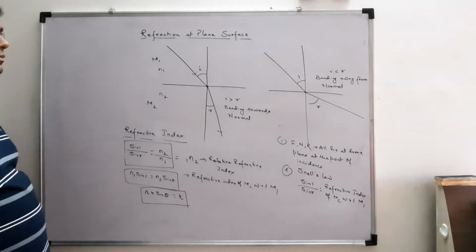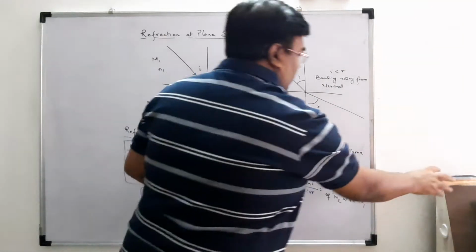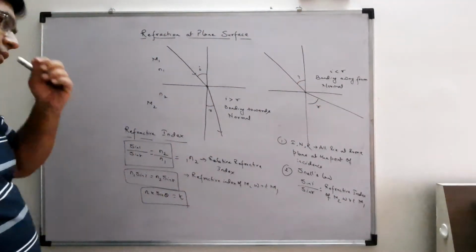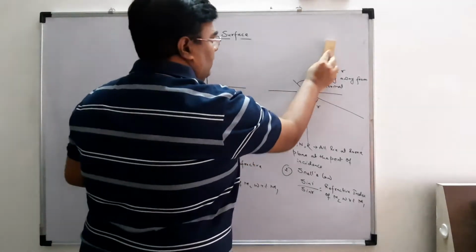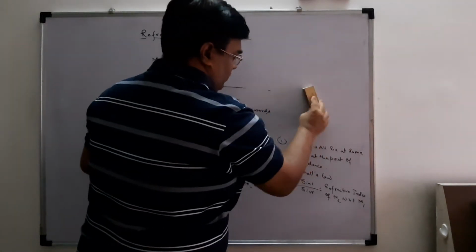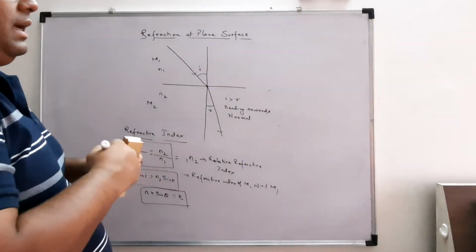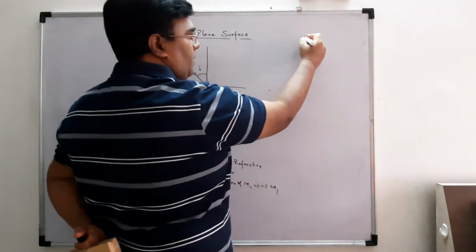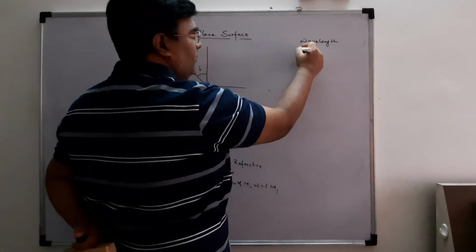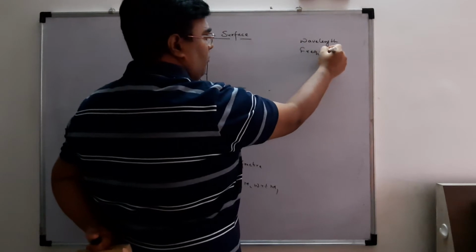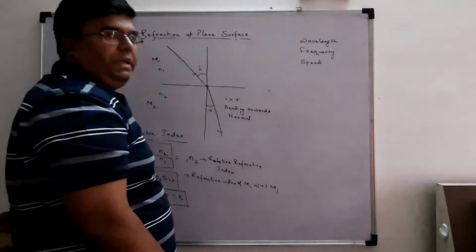Now I will write two more formulas, but before that we will learn about light. Light has three things: wavelength, frequency, and speed.